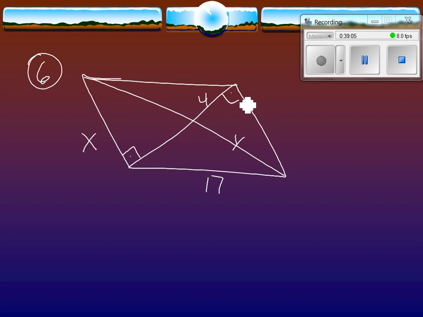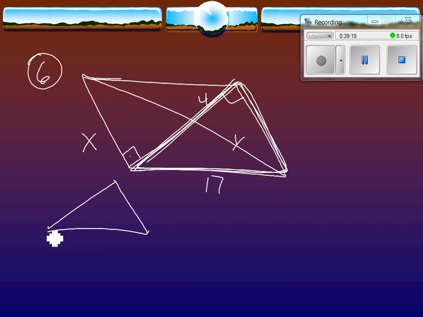Right. What kind of triangle do we have right there? It's a right triangle, isn't it? If we have that right triangle, we know this side is how long? 17. We don't know this side. We sort of do, because this part has to be 4, so that has to be 8. Can we find that side over there?